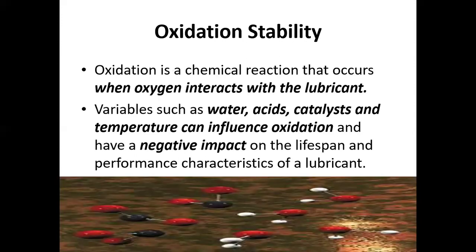Now, oxidation stability. Oxidation is a chemical reaction that occurs when oxygen interacts with the lubricant. Take note again, just like your chemical stability earlier, this is focused on oxygen. Variables such as water, acids, catalysts, and temperature can influence oxidation and have a negative impact on the lifespan and performance characteristics of a lubricant.